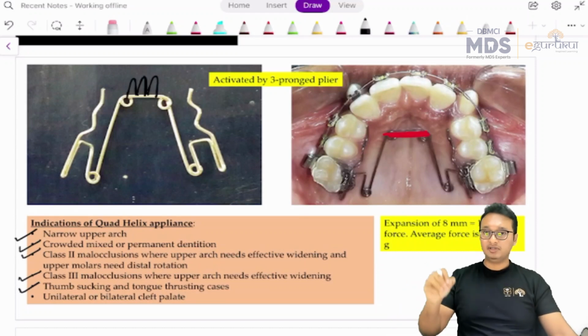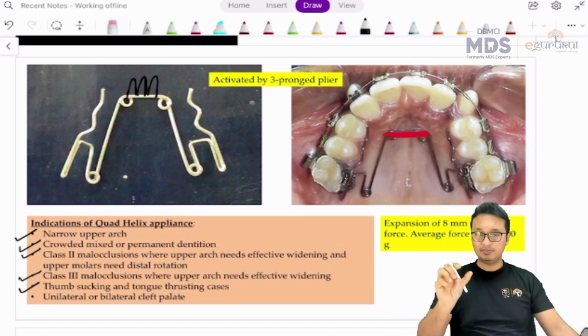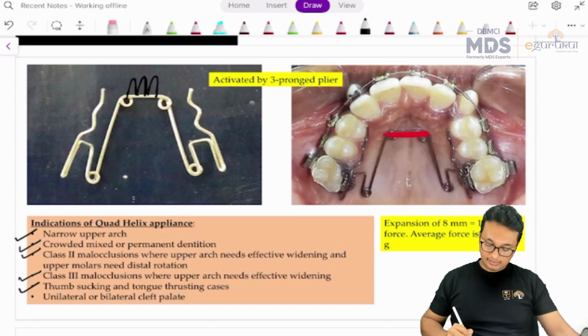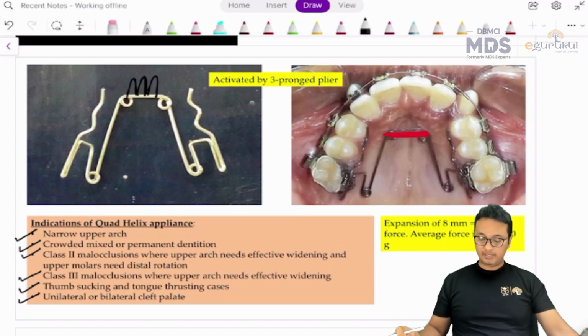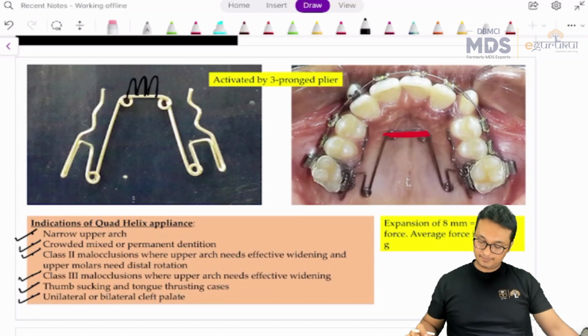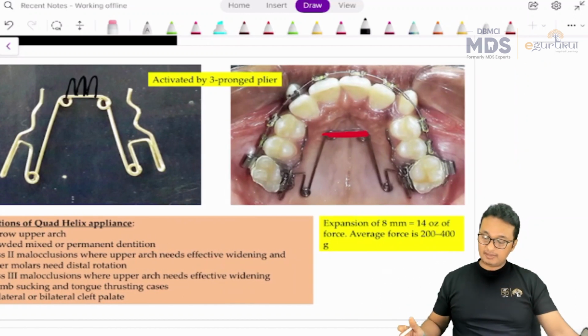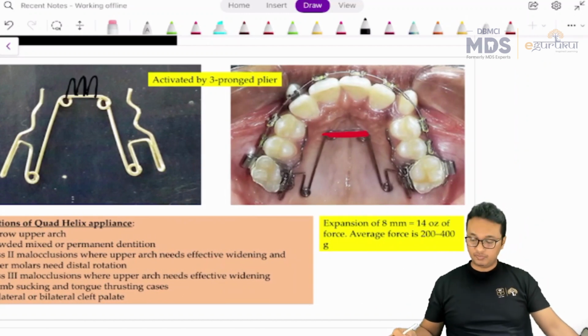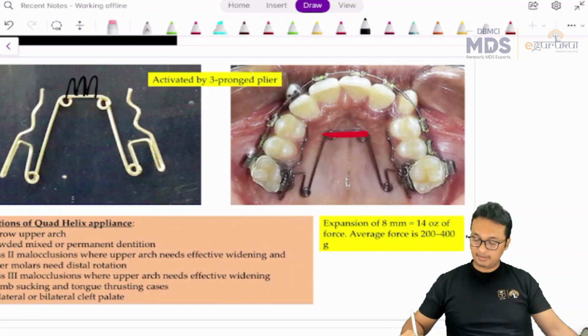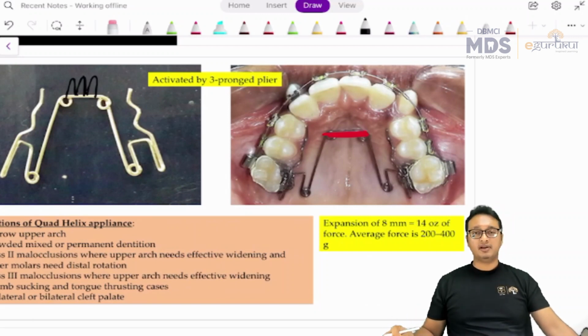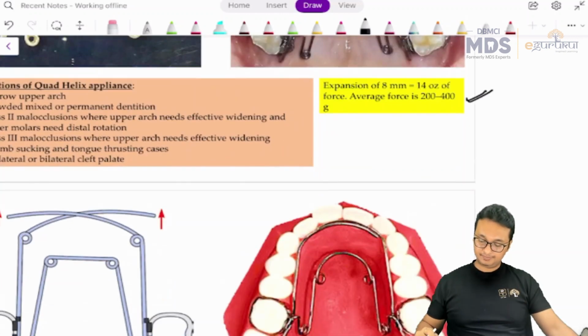We can even solder that onto the anterior bridge, and it can also be utilized for correcting unilateral or bilateral cleft palate. Expansion of 8 mm produces 14 ounces of force, and average force which is provided is 200 to 400 grams of expansion forces.